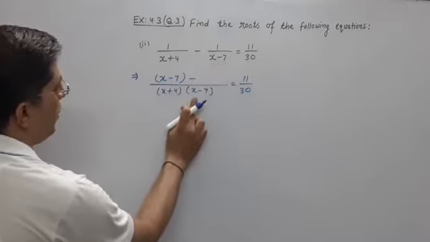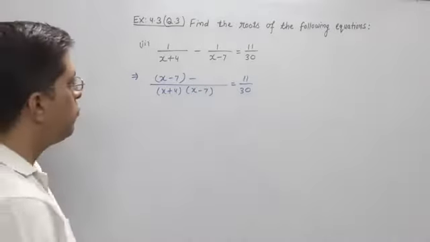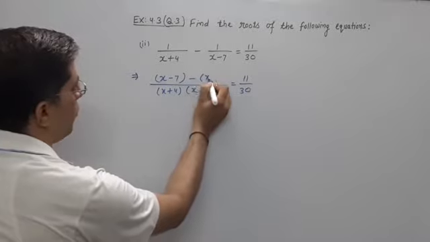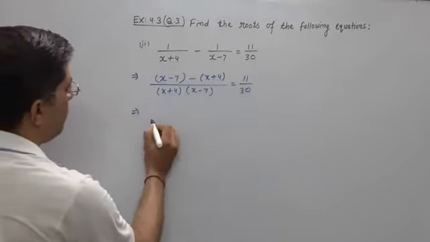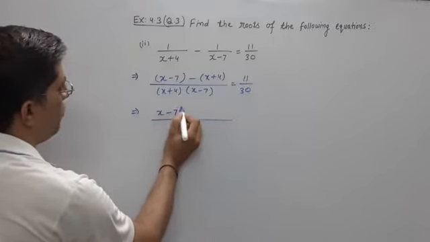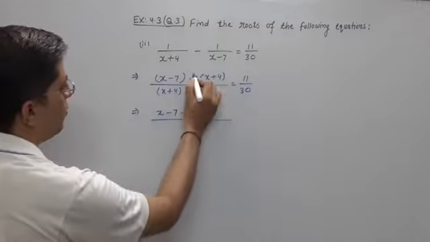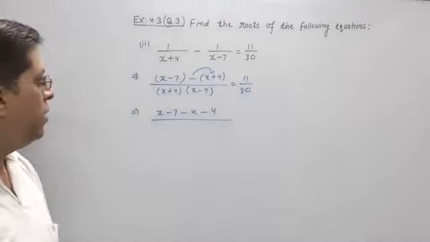If you divide by x minus 7, then this to this cut, what is remaining? X plus 4. Okay. Then numerator x minus 7 minus x minus, into plus is minus.